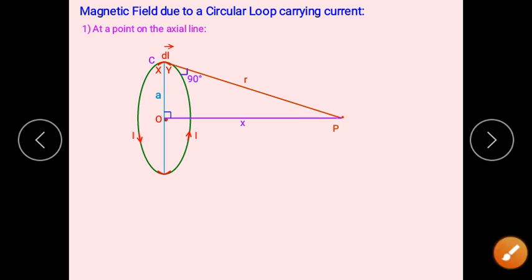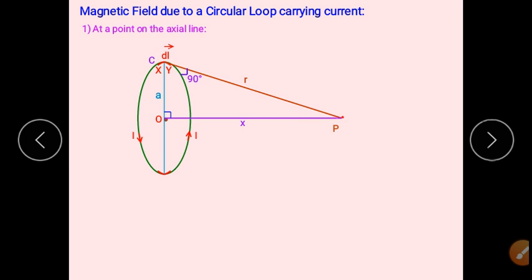You use your right hand. Keep in mind that the circular loop is in a perpendicular direction, and the direction of dl for element xy is out of the plane, because at that point, if you draw a tangent, it will come out of the plane.